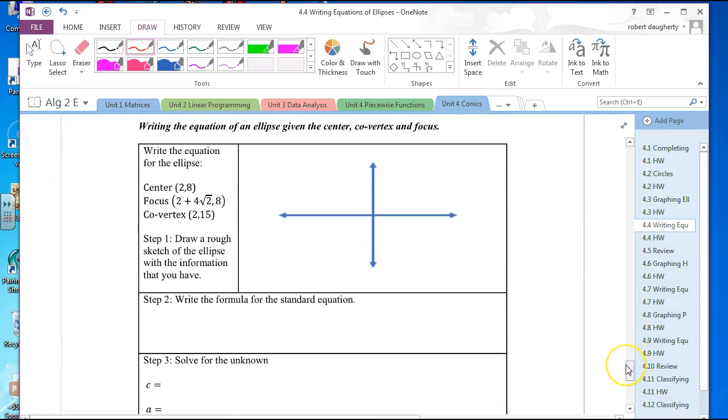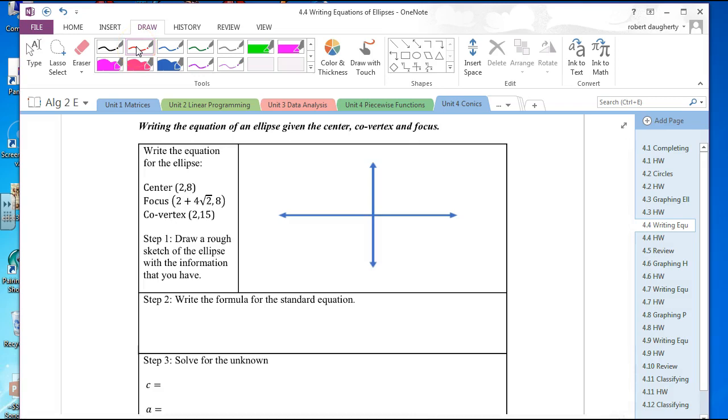And the last example. You are given the center, a covertex, and a focus. Anytime you're given one of these with a focus, it's going to be similar to what we just did, that you're going to have to solve that c squared equation. So the center is at 2, 8.